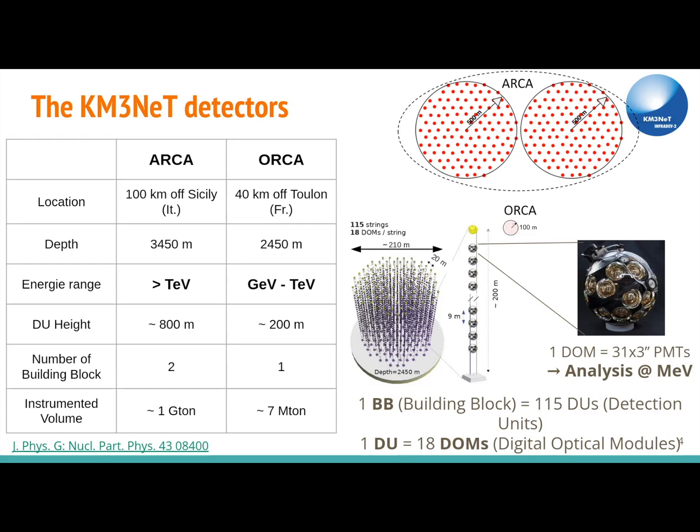We can also look for neutrinos at the mega-electron volt by doing analysis on single DOMs, which is useful for looking at neutrinos from supernovae. And so it will result in different sizes of instrumented volume: 1 gigaton for ARCA and 7 megaton for ORCA.